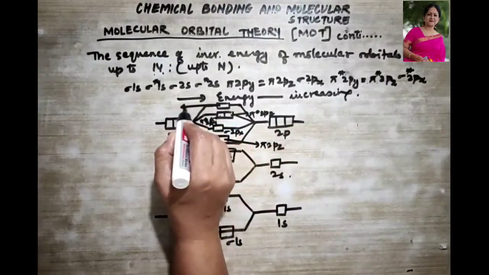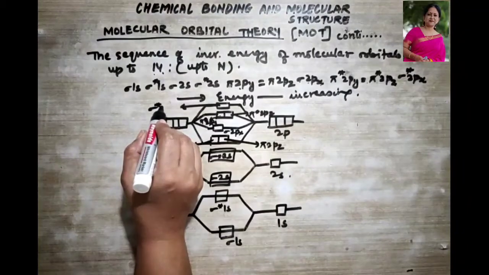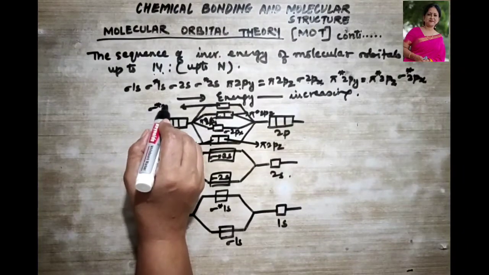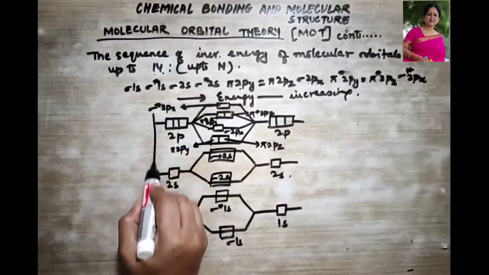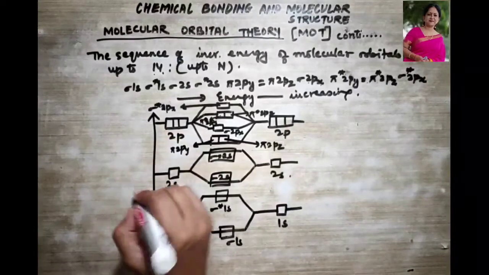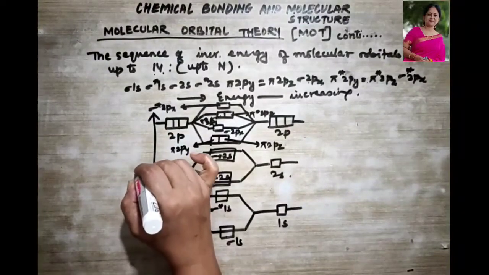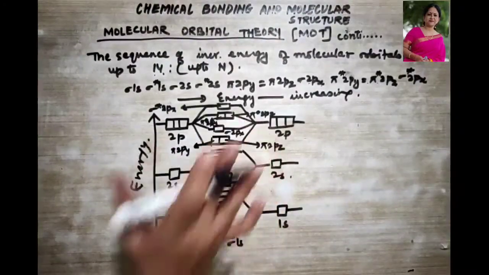And this one is your antibonding sigma star 2px. So this is how, and if you draw the line like this, we show that the energy keeps increasing. So this is how we show it.